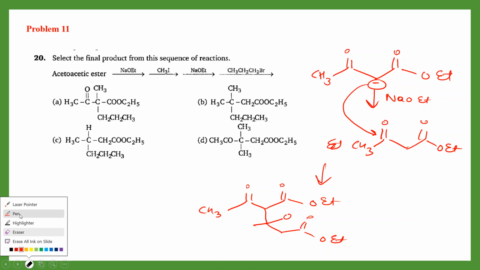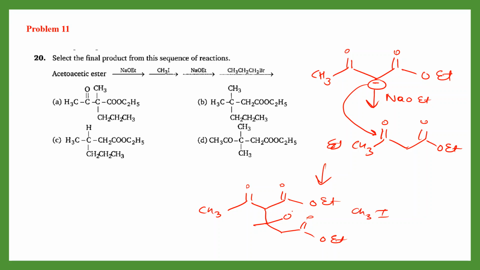But in the next step we are given CH3I. This negative charge is going to attack here, knock off this iodine, and at last what you will get: CH3, CO, CO2Et, OCH3, O-alkylation.